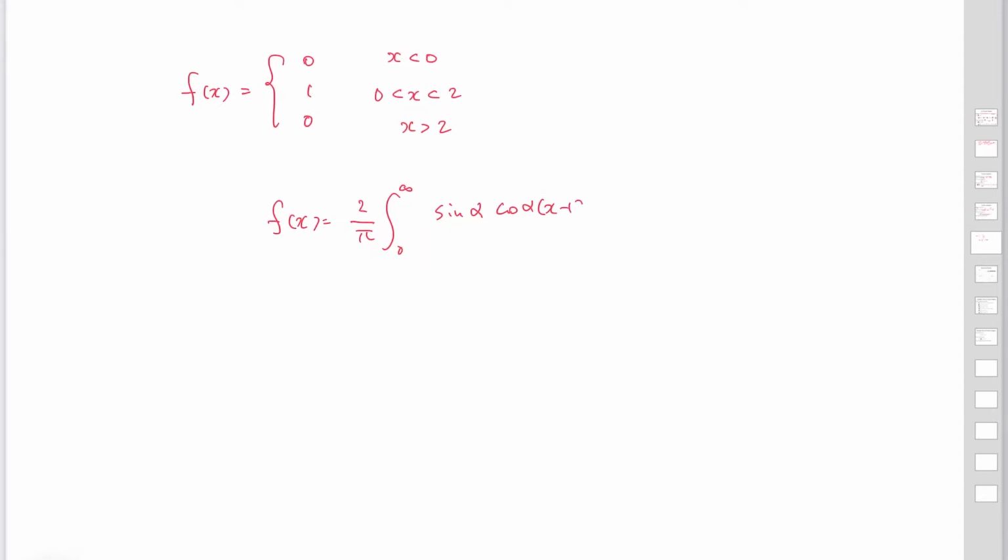Then I'd like to show you an example. In the practice, we studied f(x) that is 0 for x negative, 1 for x between 0 and 2, and 0 for x larger than 2. We calculate this function using the integral 2 over pi, integral from 0 to infinity of sine alpha, cosine(alpha x) minus 1 over alpha d alpha.